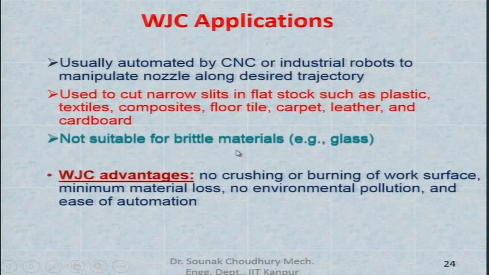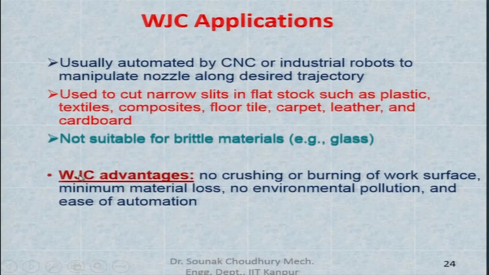It is not suitable for brittle material, for example glass, because it will break and the fracture will propagate, so it will not be cut with proper accuracy, and it cannot be used for glass.